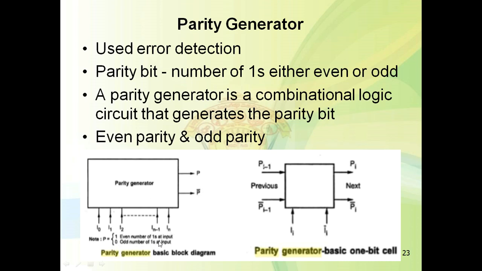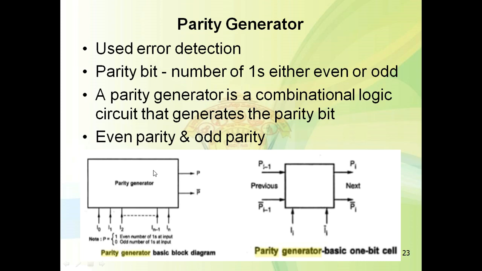There are n inputs and two outputs, one is the parity and the other is the complement of that parity bit, p bar. Therefore, for an even number of ones p is equal to 1, and for an odd number of ones, p is equal to 0. This is the general block diagram of the parity generator.